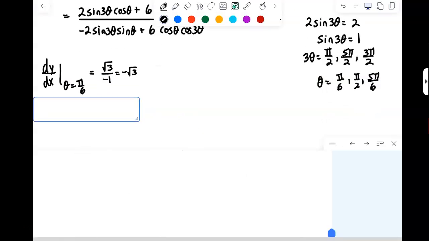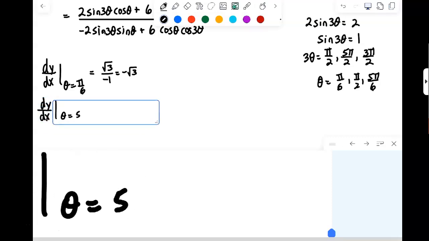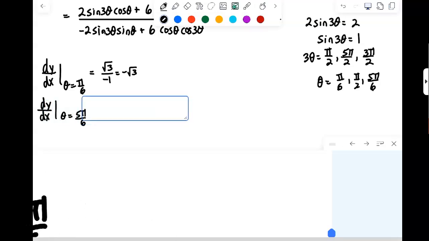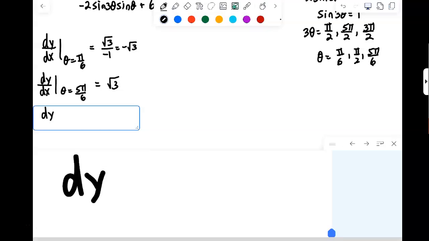Okay. And we then likewise would evaluate at theta equals 5 pi over 6. And what you're going to find is if you do that, you're going to get square root of 3. And likewise, we would evaluate at pi over 2.